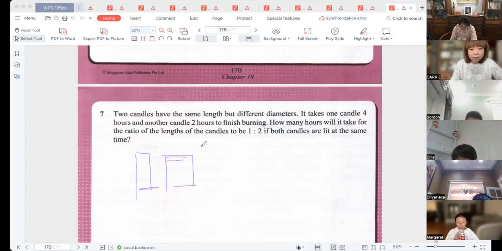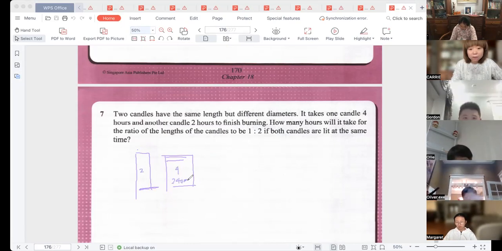Because 1 and 4 is very small, we can say this one is 4 hours, this is 2 hours. So we can say this one is 240 minutes, and this one is 120 minutes. Am I right, everybody? Nobody would think the fat one burns out faster, right?